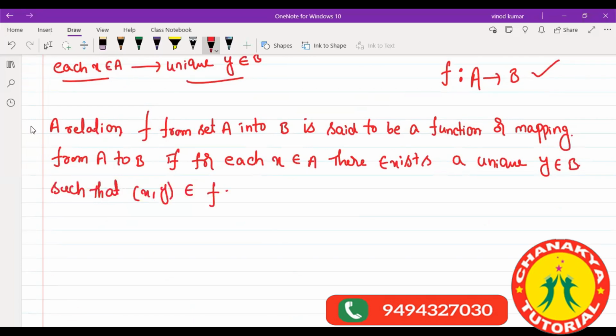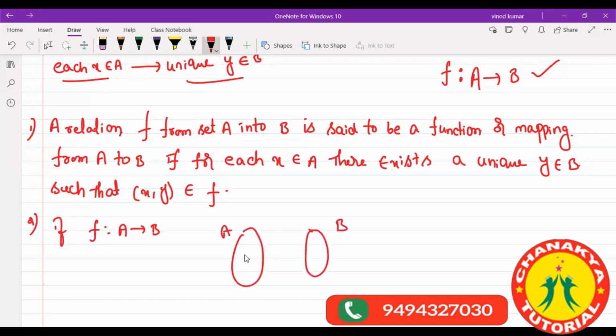This is the definition. The next point: if F maps A to B is a function and (x, y) belongs to F, then here is set A, here is set B, x in A, y in B, and there is a function F. Here y is called the F-image.